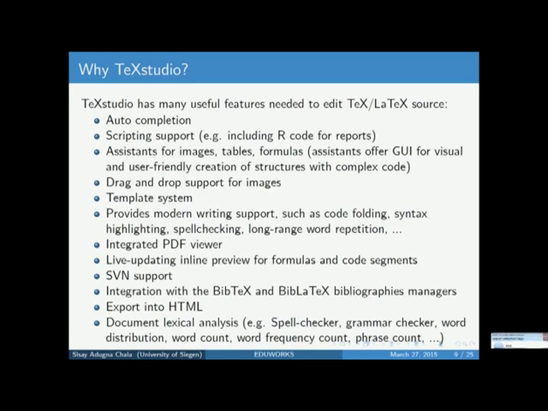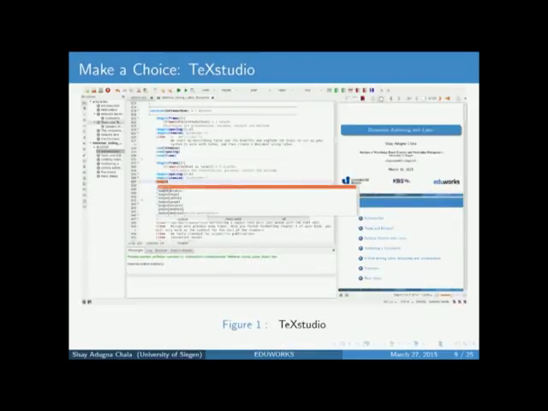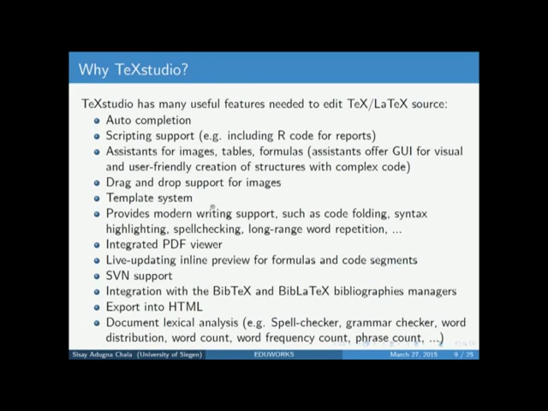But let's see why we have to use TeXstudio, its benefits. It has auto completion, as you've seen in the previous slide. Once you begin typing something, it finishes the code. It gives you a list of options for you to finish the code. It supports scripting. For example, you can write R code to generate a graph, and then you can embed it into this code.